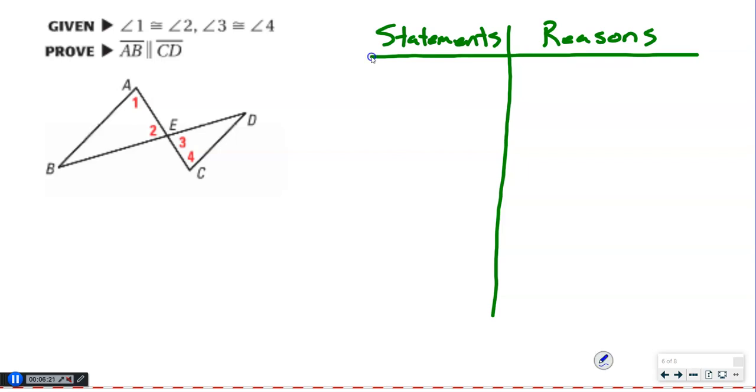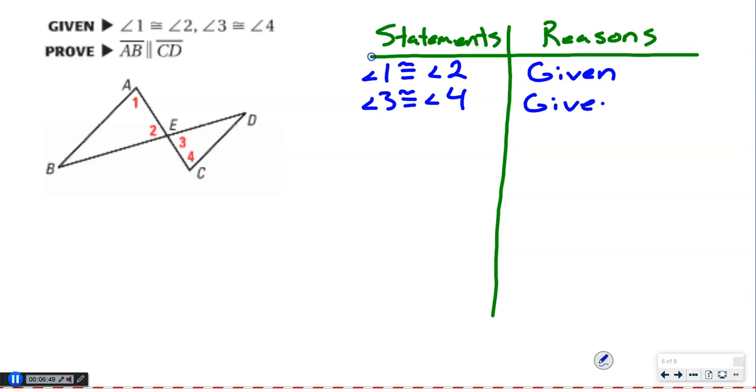We're told our given statement is angle 1 and angle 2 are congruent, and angle 3 and angle 4 are congruent. So we'll see 1 and 2 are congruent, so that is given. And we're also told 3 and 4 are congruent. That is also given.